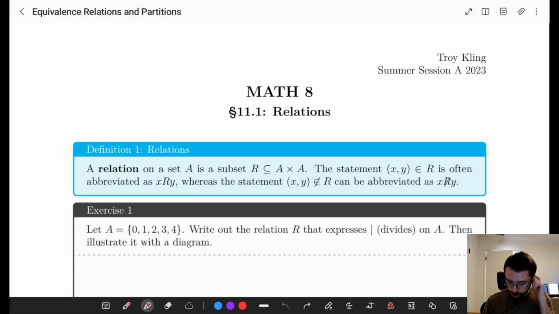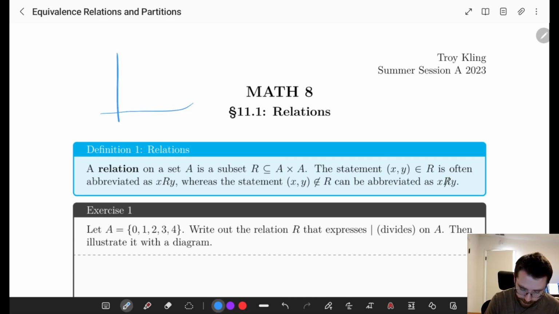So to start off, our first definition: a relation on a set A is just a subset of the Cartesian product of A with itself. What that means is anytime you have an ordered pair, which is an element of this relation, you say x is related to y, and you kind of sketch that out.